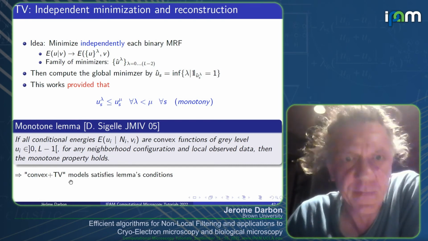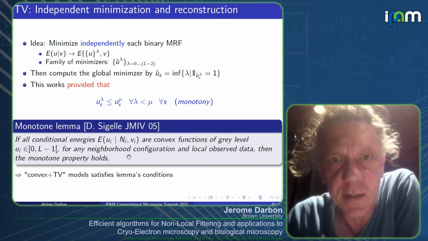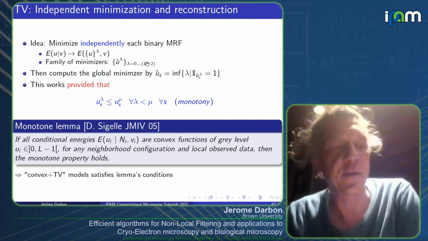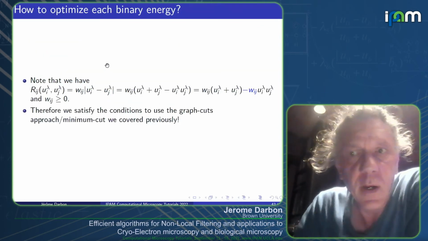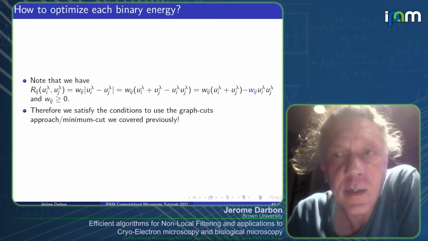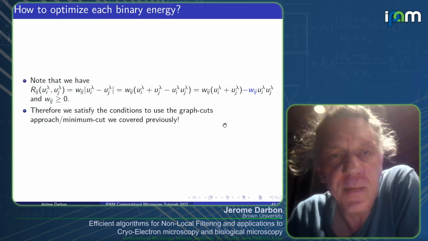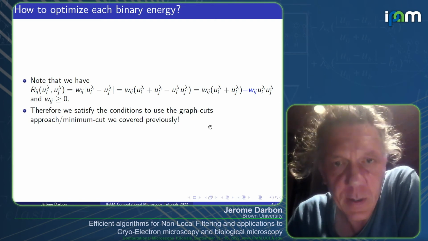So any convex plus TV model will satisfy the assumption of this theorem that tells you that you have the monotone property, meaning that you can minimize independently. So what we can do right now is simply to apply the optimization algorithm for binary energy that we saw, and we're good to go.